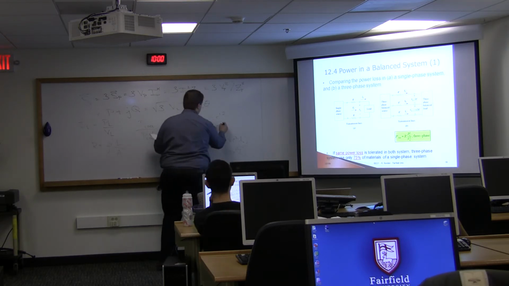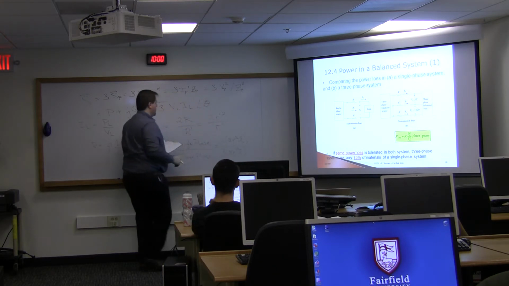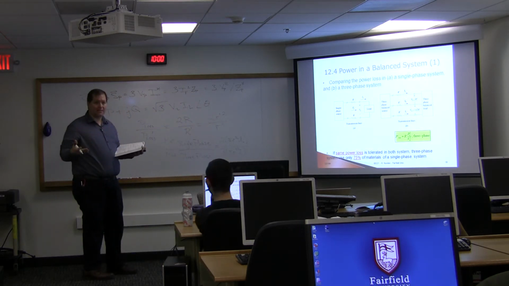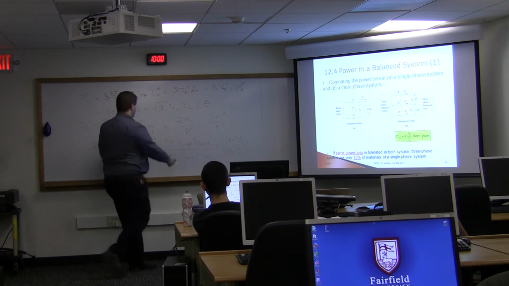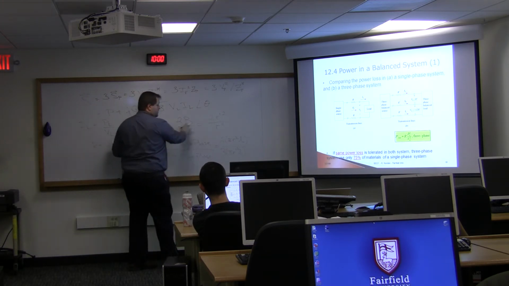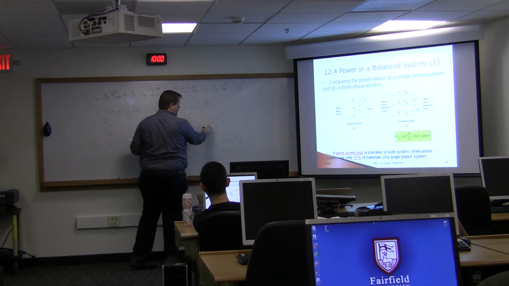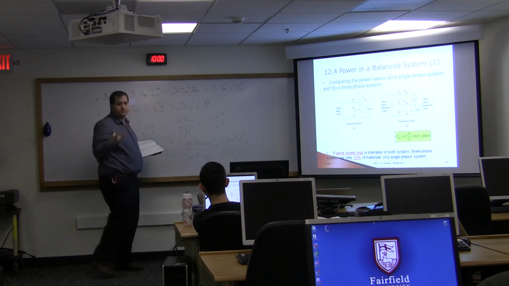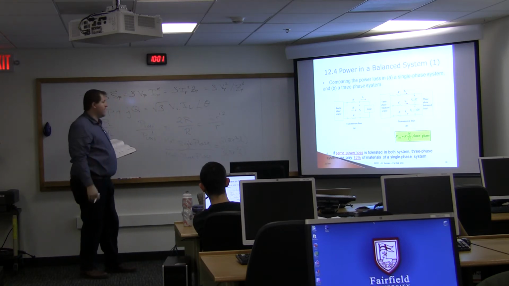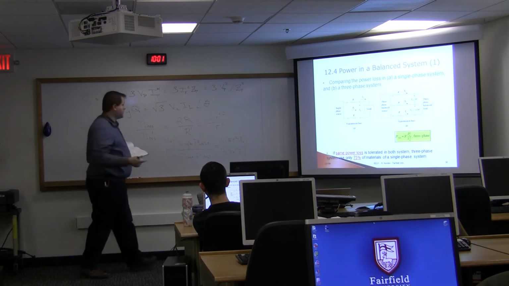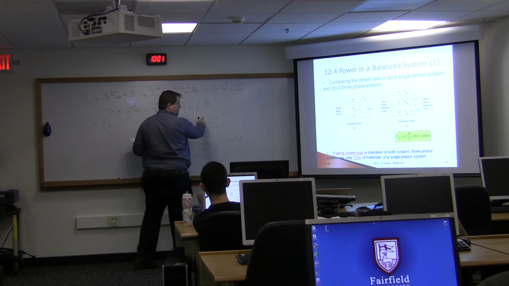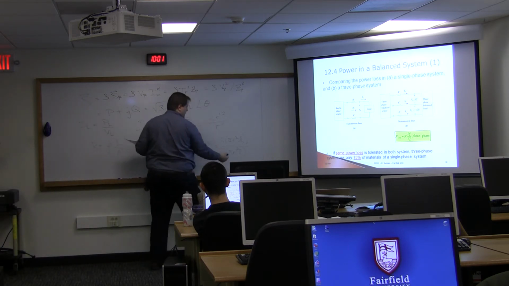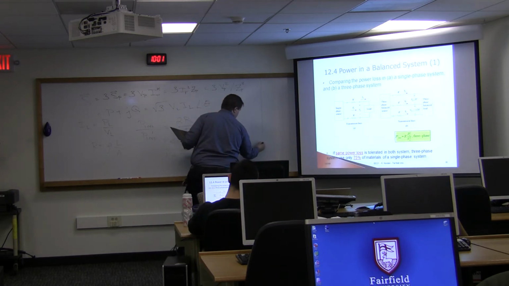I think I forgot a square on this one. Right. If we're going to have the same power loss in both systems, this has to be 1, which means that 2r prime squared over r squared is 1. So they have to be equal to each other. R squared equals 2r prime squared. And so if I substitute that in here, this gives me 1.33.